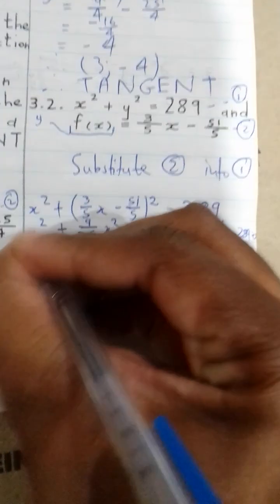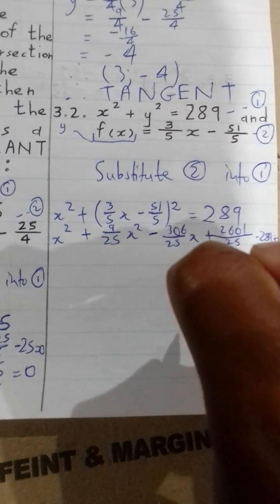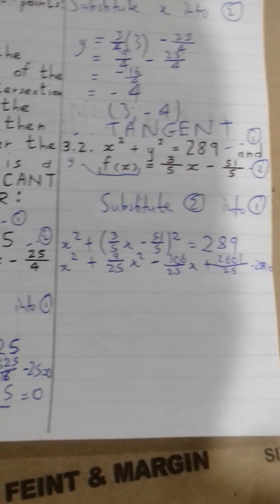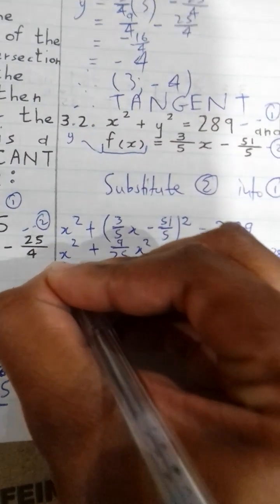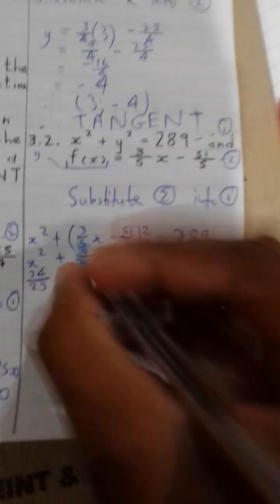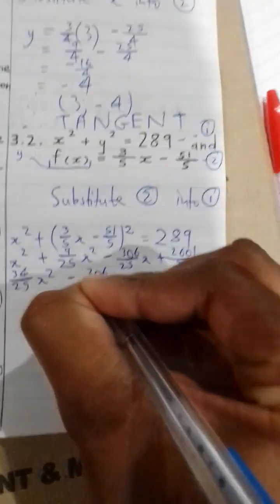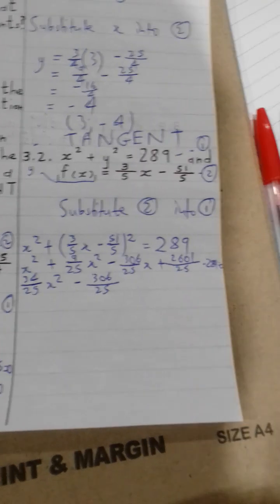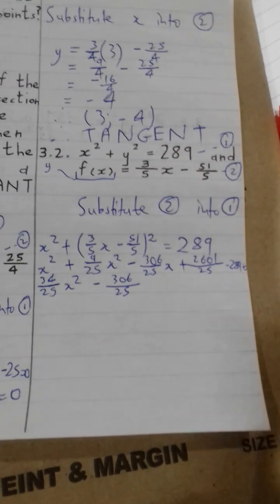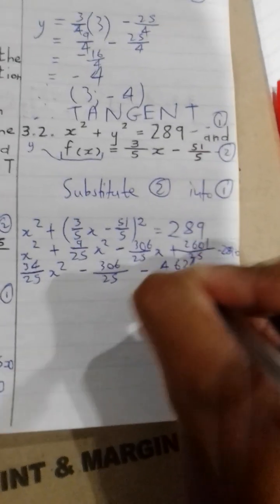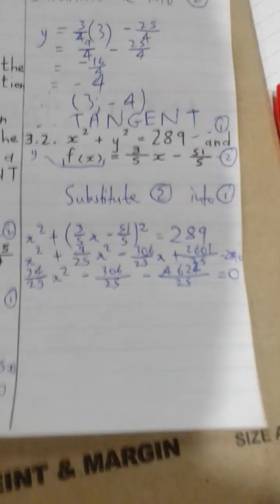Right, simplifying it, x squared plus 9 over 25, 25 plus 9 is 34 over 25, so 34 over 25 x squared minus 306 over 25x, and then 2601 over 25 minus 289, which is minus 4624 over 25, is equal to 0.